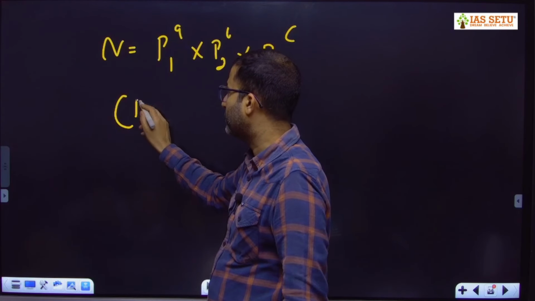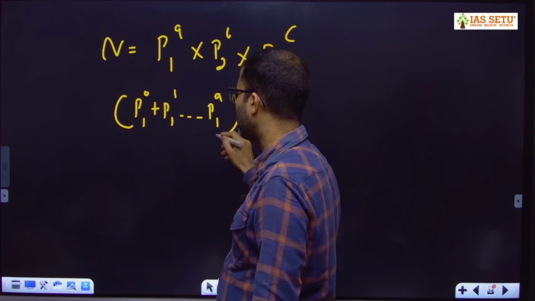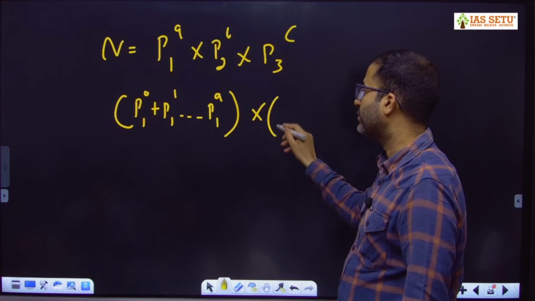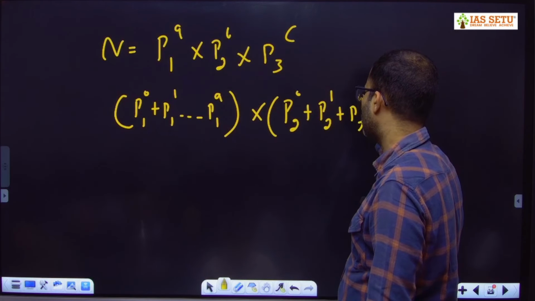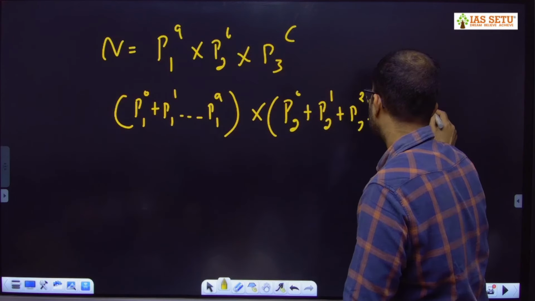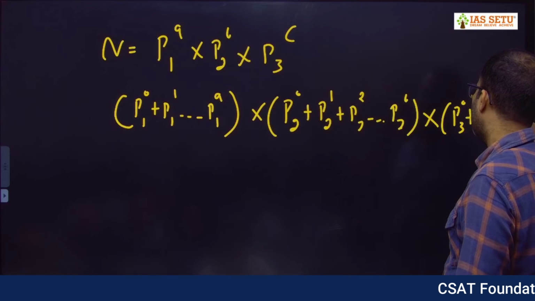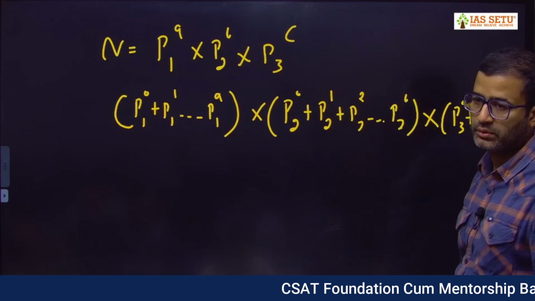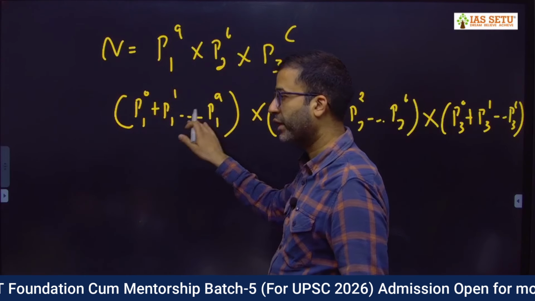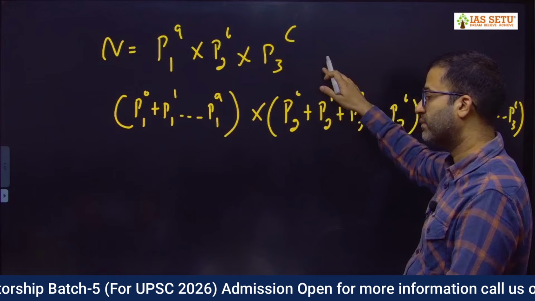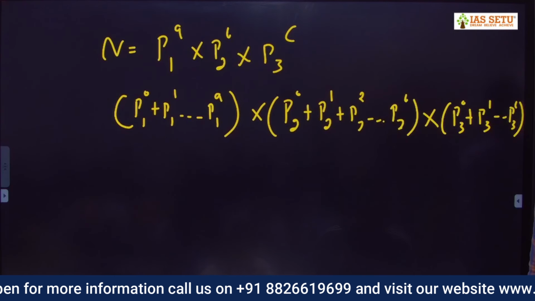Bracket start, P1 to the power 0 plus P1 to the power 1 up to P1 to the power A, into second bracket start, P2 to the power 0 plus P2 to the power 1 plus P2 to the power 2 up to P2 to the power B, and P3 to the power 0 plus P3 to the power 1 up to P3 to the power C, and so on. Starting from power 0, we will go up to this power and we take the total, multiply with the second prime number, multiply for the third prime. This is our sum of the factors.